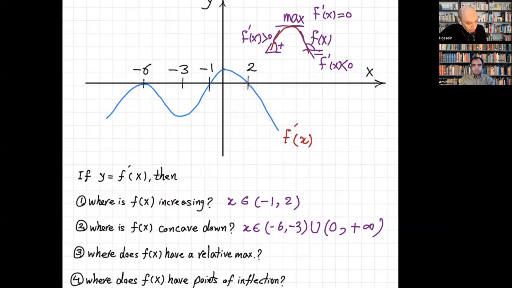So let me write that down. x equals 2 is where we have the maximum. And then the viewer might ask, what about -6? Because at -6, f prime of x is equal to 0. But if we look at my sketch here, the maximum happens where we have a change of the sign.